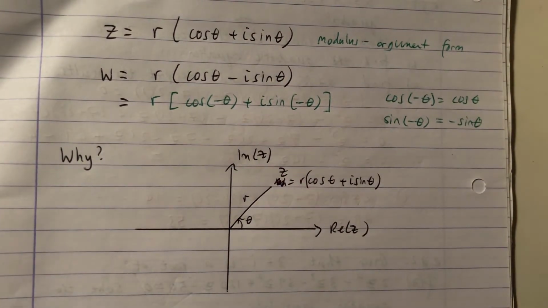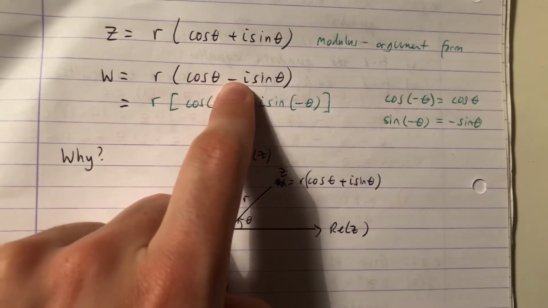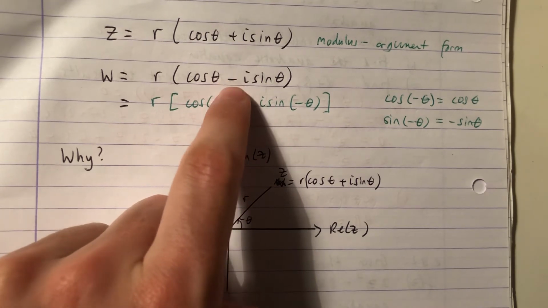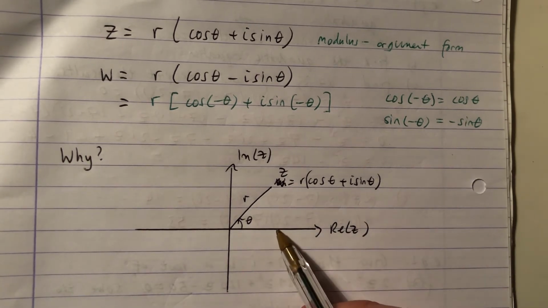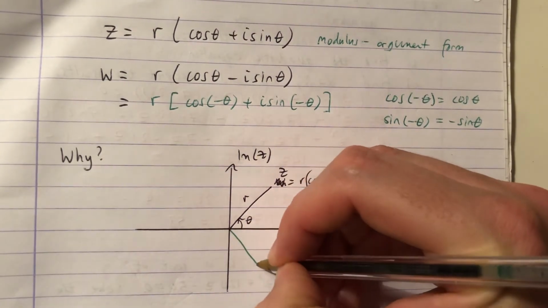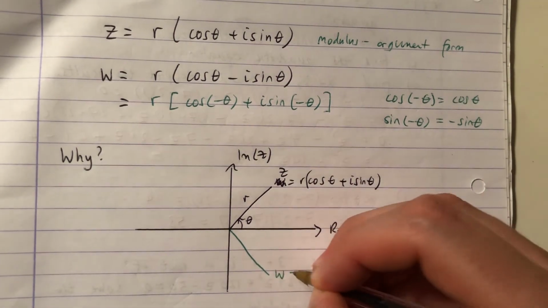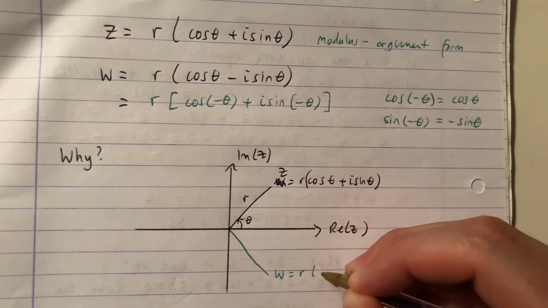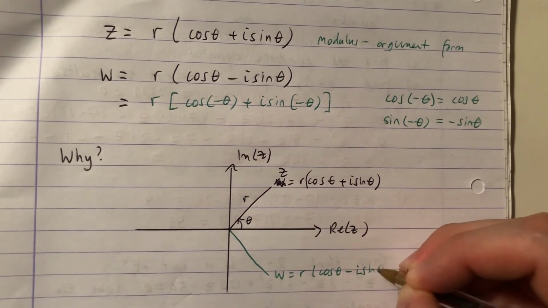Now, if you look at what has actually happened when I change to W, I've just changed the imaginary part to a minus. That is the complex conjugate, actually. If we drew that in, the real number is exactly the same, and the imaginary number just switches sign. So there'd just be a reflection in this direction. And that's W, which is r cos theta minus i sine theta.